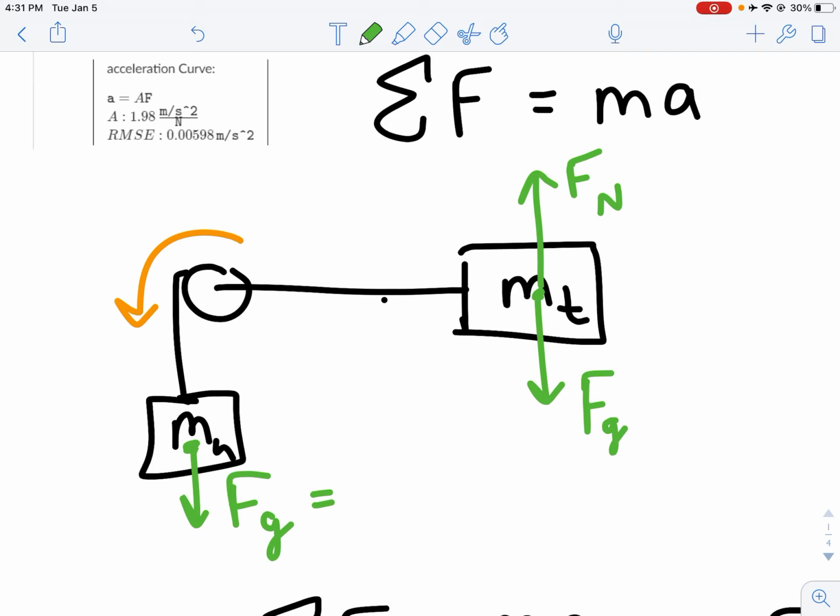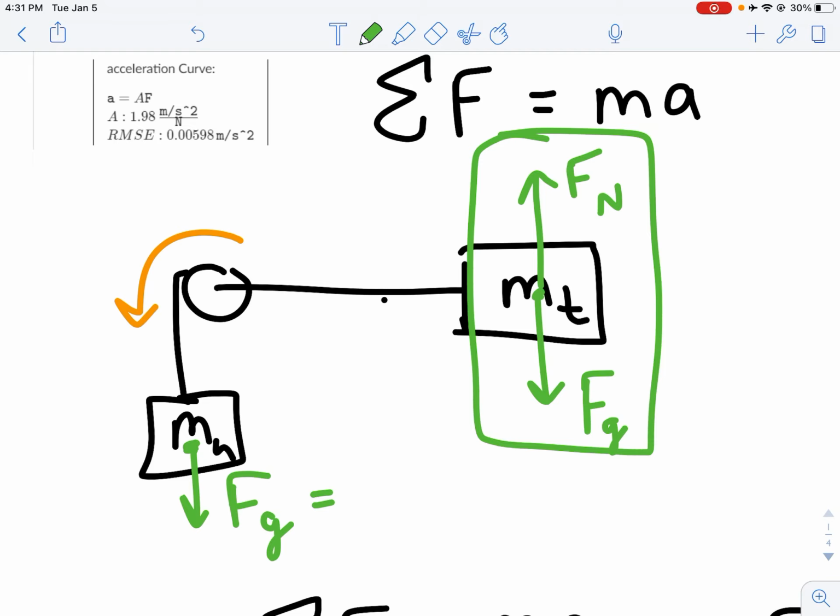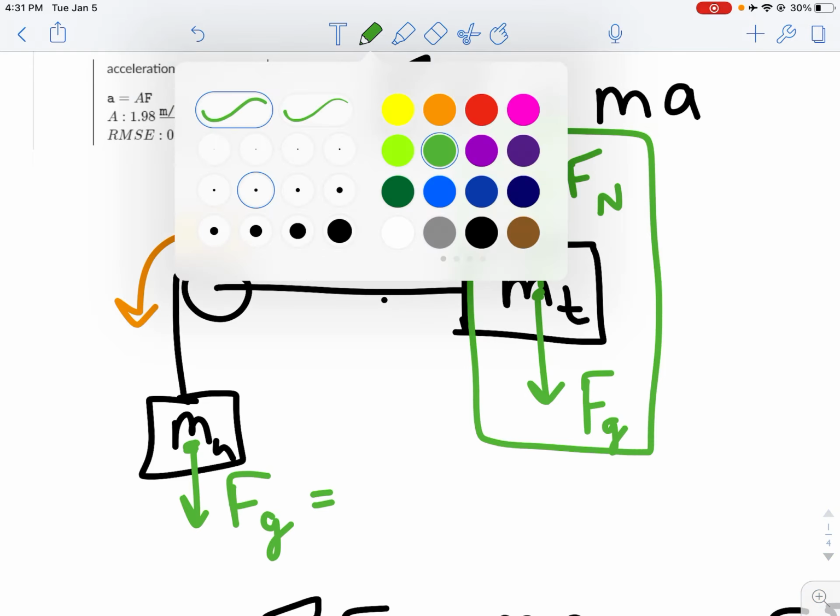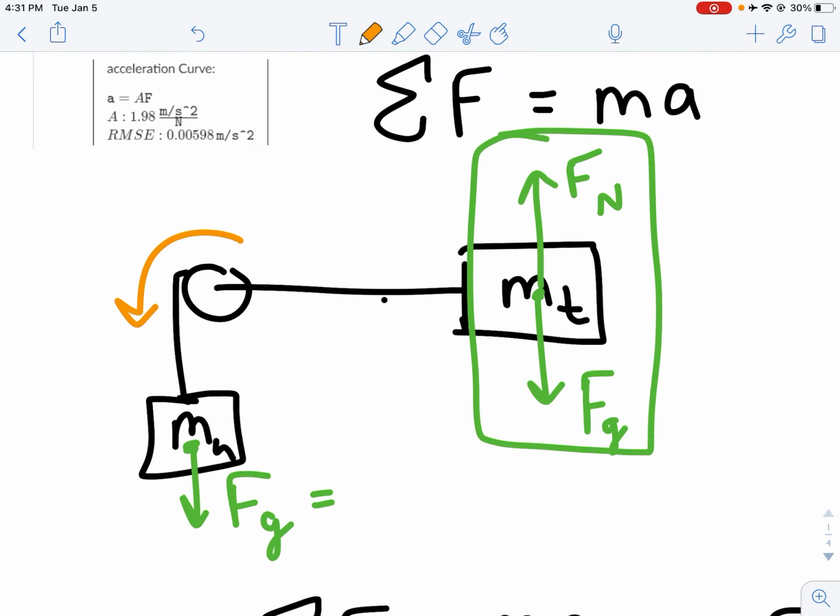Well, it turns out neither of these forces contribute to the acceleration of the Atwood's machine because they are perpendicular to the direction of motion. Right? That big orange arrow shows the direction of motion, and you can see that these forces are perpendicular to that direction, so they're not contributing at all to the acceleration of the system.